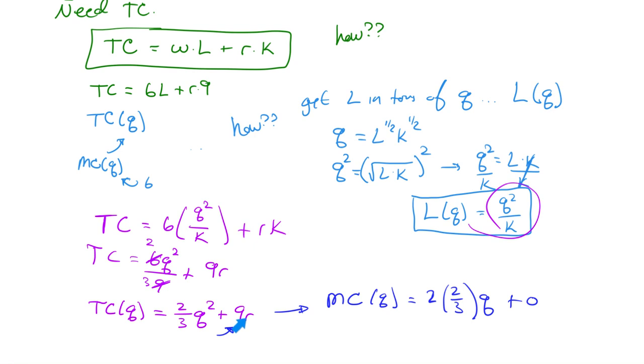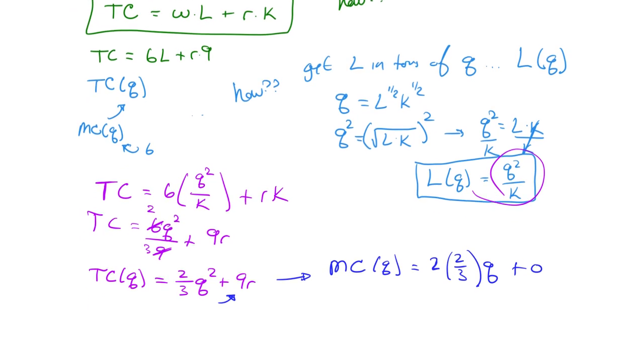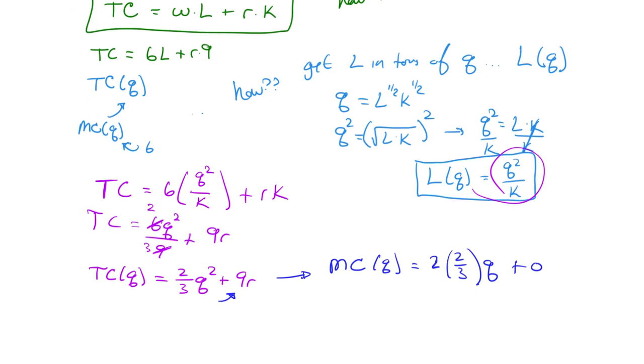So how's it going to change with respect to Q? This does not change when Q changes. So we've now found our function for marginal cost. Marginal cost as a function of quantity is going to be equal to 4 over 3Q. And so as quantity changes, this is how my marginal cost is going to change.